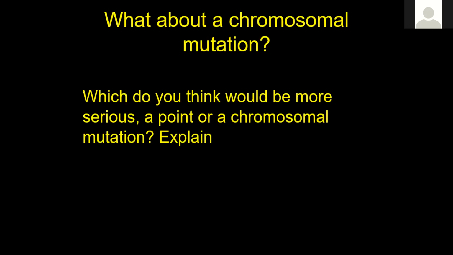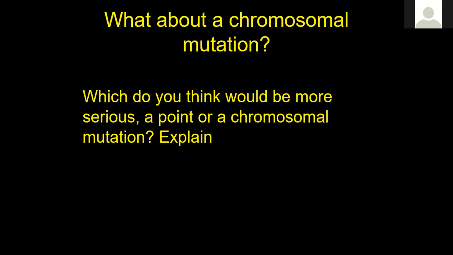I think a chromosomal mutation would be more serious, because a point mutation could just, well, if you look at the chart of what amino acids are made by different codons, a lot of the same amino acids can be formed by very similar codons, with only one letter changing.